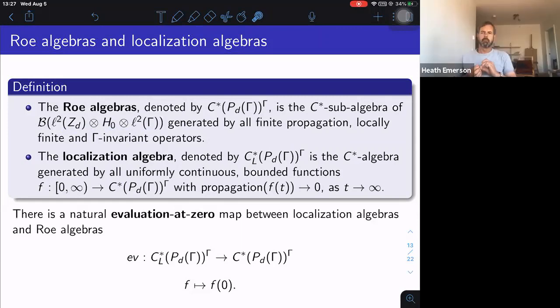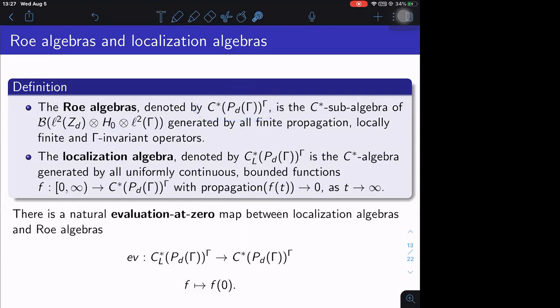This C*-algebra is actually quite global, and it does not have too many canonical ideals. The localization algebra is defined as the C*-algebra of all uniformly continuous and bounded functions from the half real line to the Roe algebra with propagation going to 0 as t goes to infinity.